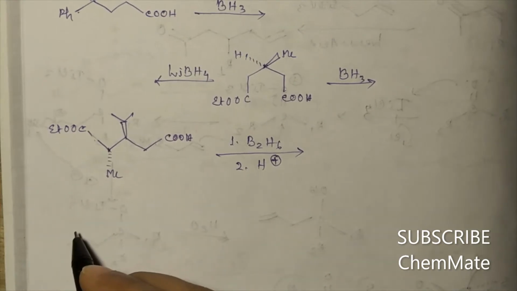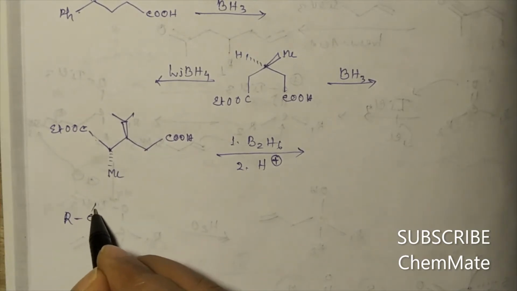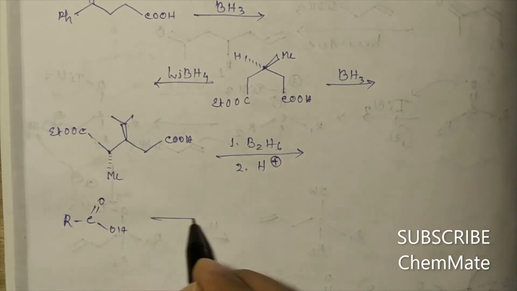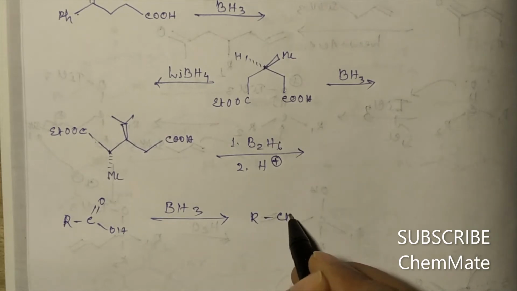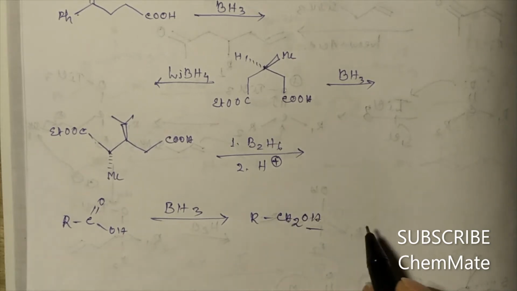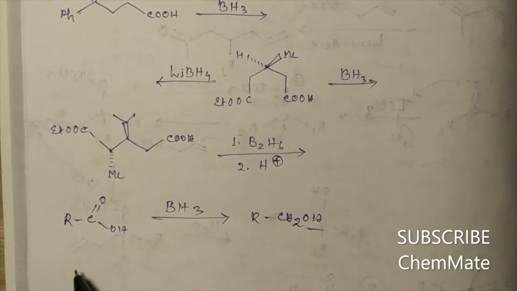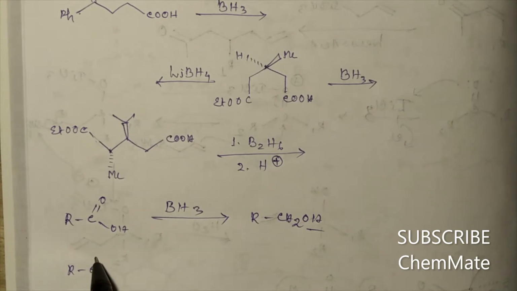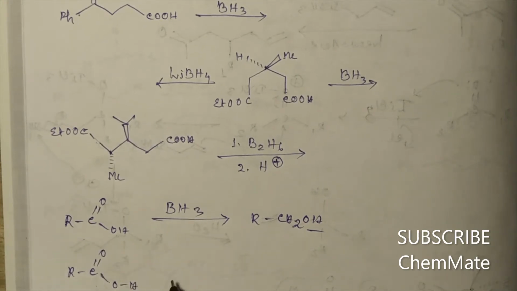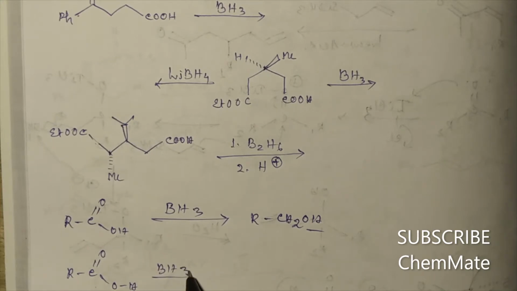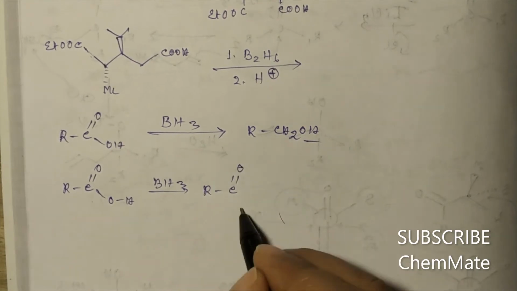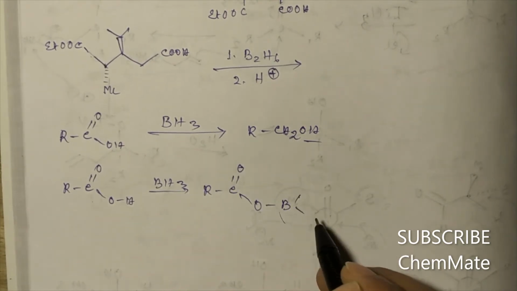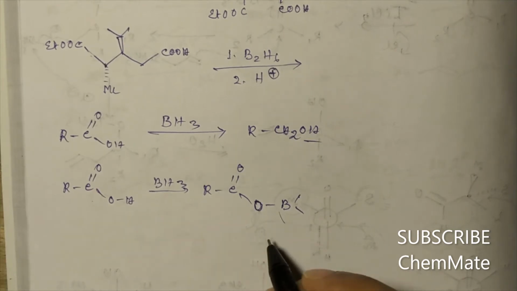So first, the carboxylic acid group, if it is treated with BH3, then it will be reduced to the corresponding alcohol. What is the mechanism of this reaction? If we draw the mechanism, first it will react with BH3 to form the ester, that is boronic acid ester.